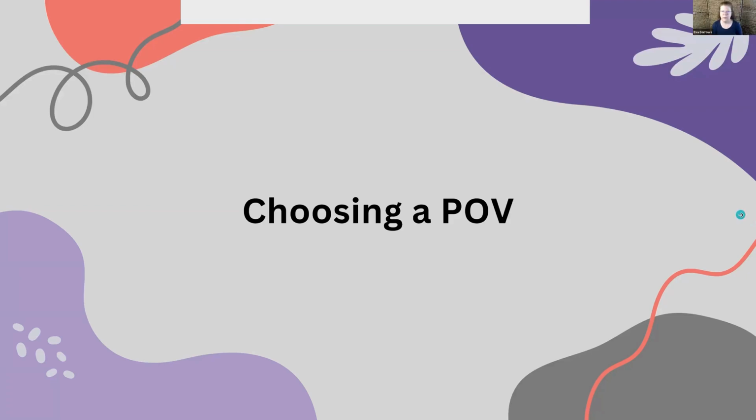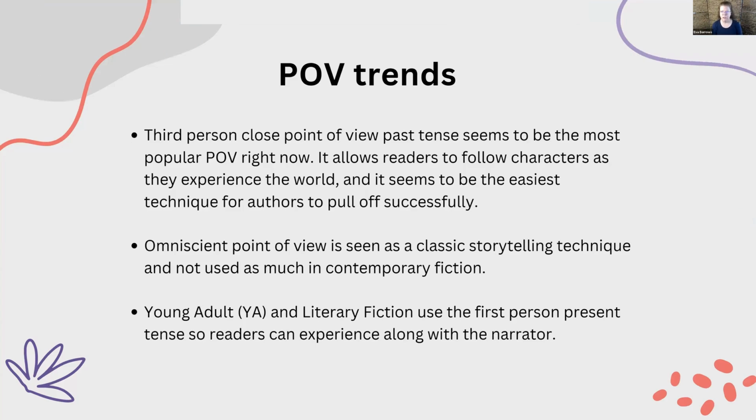So now we'll get into a little bit about how you can choose a point of view, and then some point of view trends that we're noticing right now. Third person close point of view in the past tense seems to be the most popular point of view right now. It allows readers to follow the characters as they experience the world, and it seems to be the easiest technique for authors to pull off successfully.